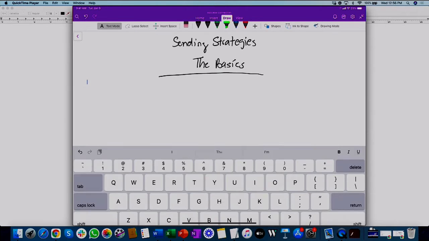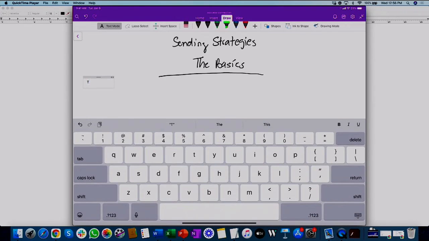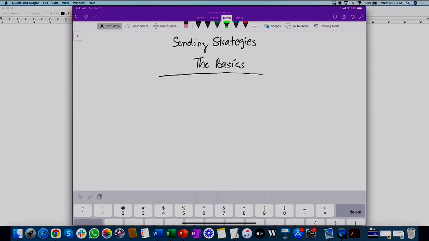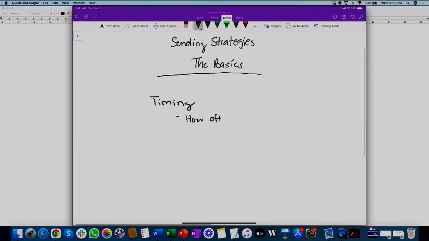Now, the important thing to remember is that your sending of emails is broken down into a few categories, okay? First of all, we'll just go on and draw instead of type. It's going to be the timing. So this might mean how often, and the space between, and we'll talk about that in a little while.